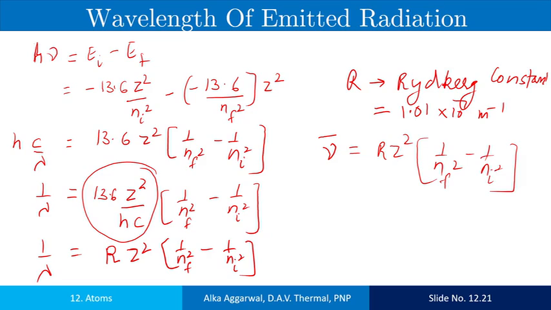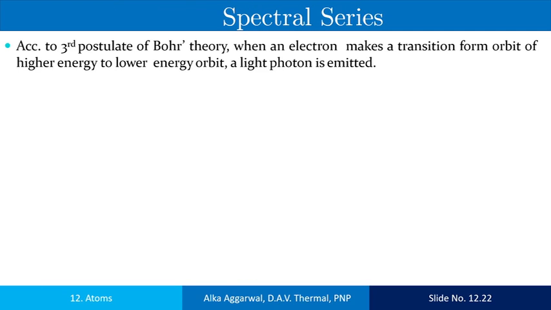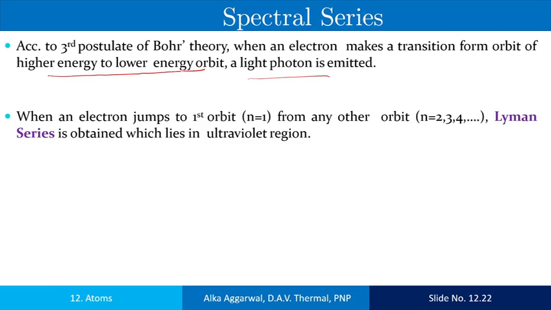Now let us talk about the spectral series. Whenever the electron jumps from a higher energy level to a lower energy level, a photon is emitted. Whenever it jumps from orbits 2, 3 and 4 to the first orbit, the Lyman series is produced.